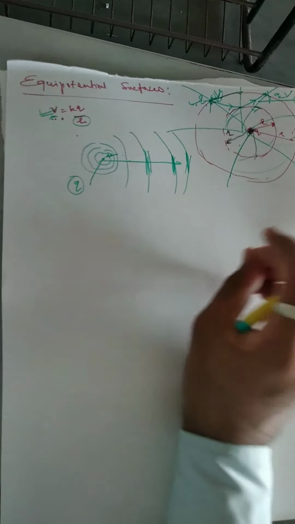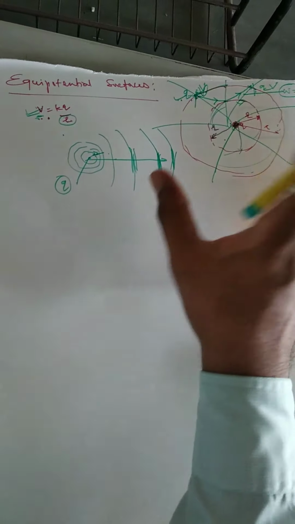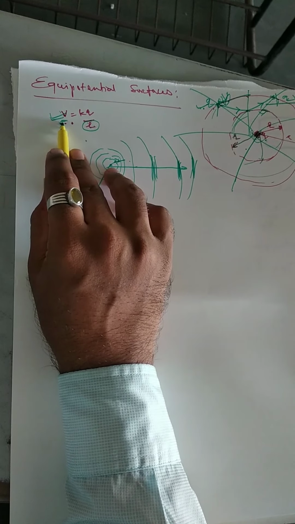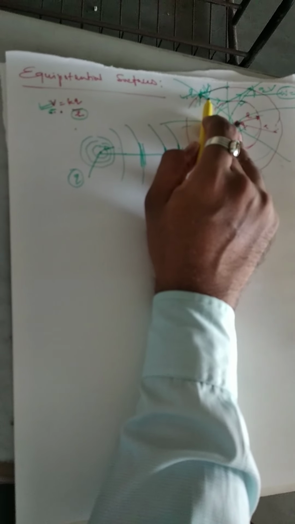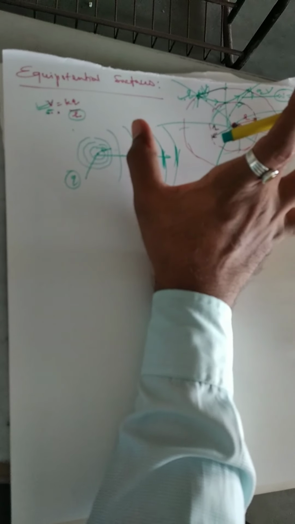So again, I am just repeating: equipotential surfaces are the imaginary surfaces that are concentric at the center of the sphere, and at the center you will have charge Q, and at all the equipotential surfaces at a radial distance of r, the value of electrostatic potential will be constant. And another thing is that electric field lines drawn through these equipotential surfaces will always be normal to them.